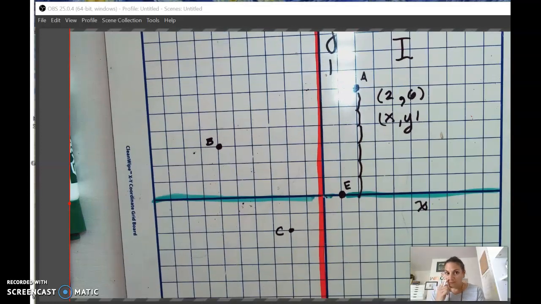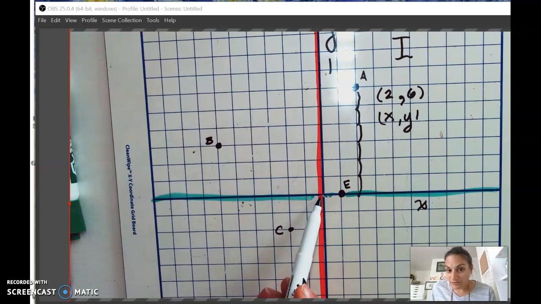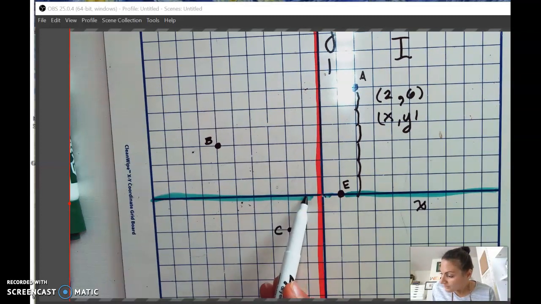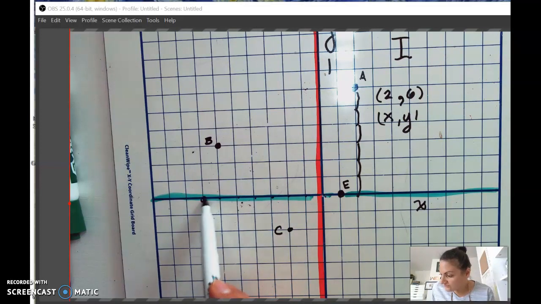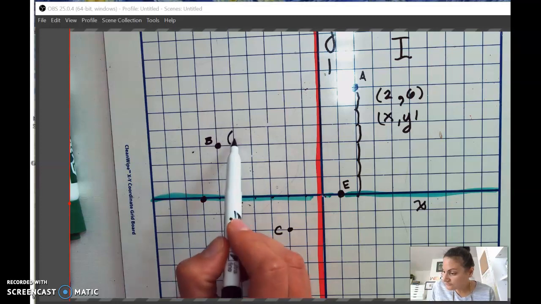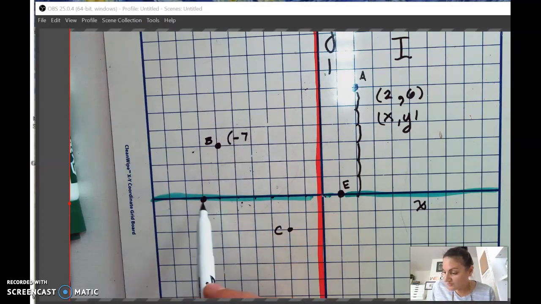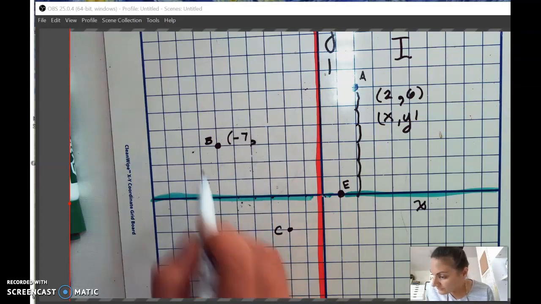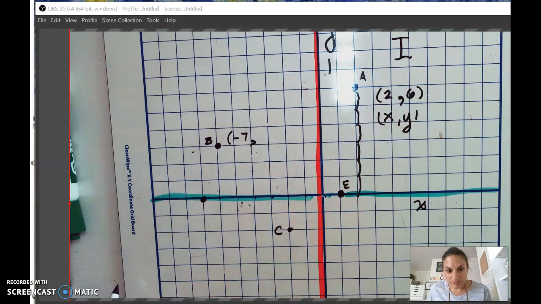Okay, now if you look at coordinate point B, again, we're gonna go left, which is different from what we did before. 1, 2, 3, 4, 5, 6, 7 paces to the left. Because left is negative, this is negative 7. Oh, I miscounted.